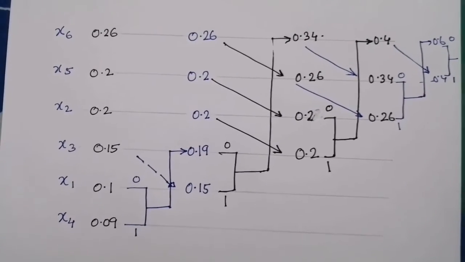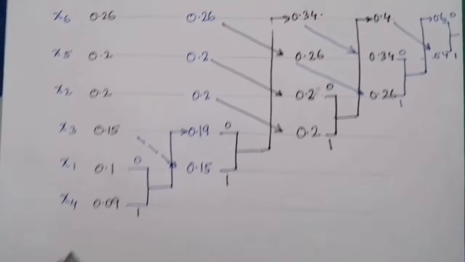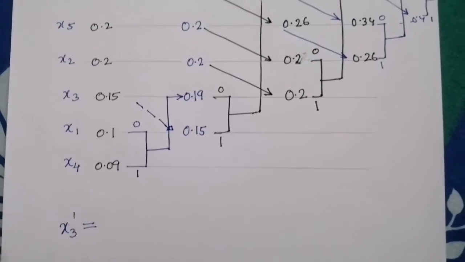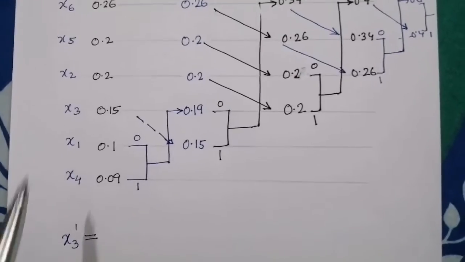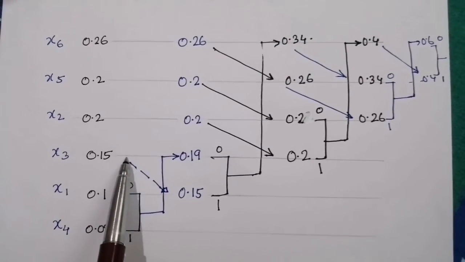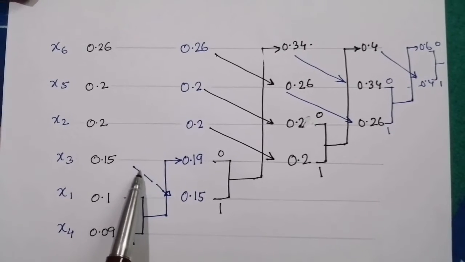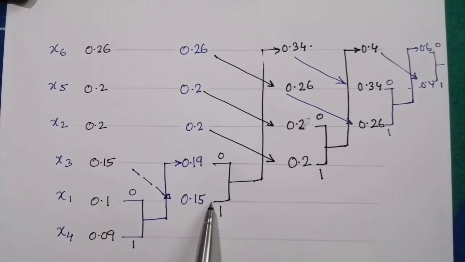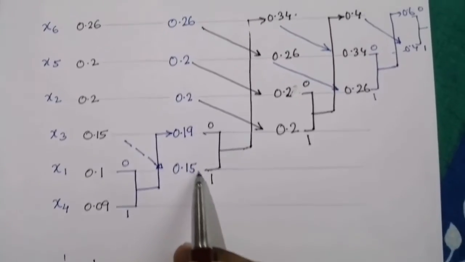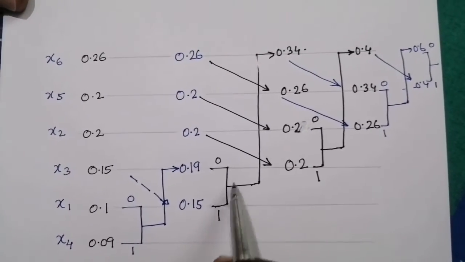For that, consider a new symbol x3 bar, or x3 dash. In order to find x3 dash, you just go from x3. After getting here, you have to step down. So you will reach symbol 1. So I will write symbol 1. Now again I will trace this particular line.